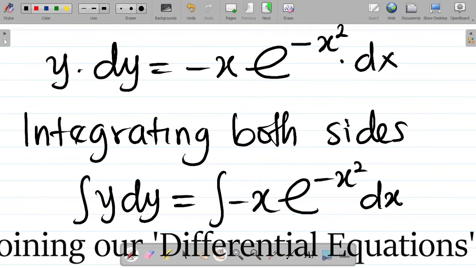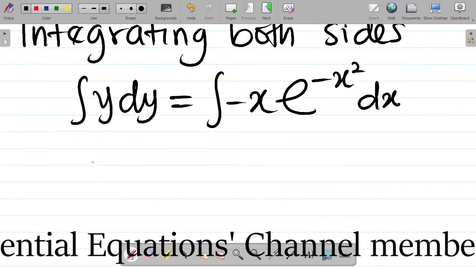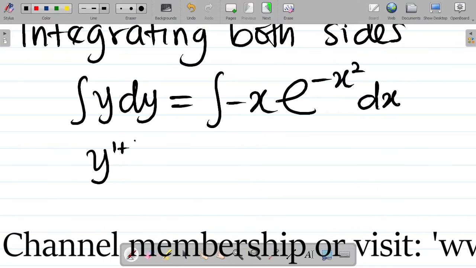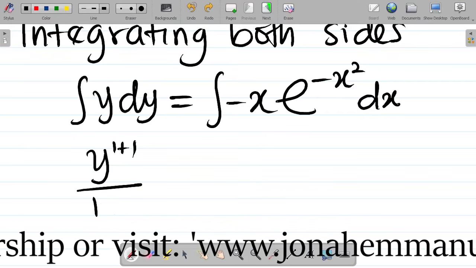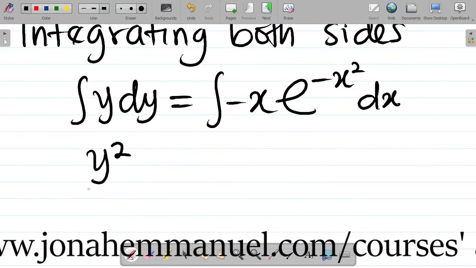Alright, let's integrate the term on the left hand side. If I integrate y, I will use the general method: the power there is 1, I will add 1, all over 1 plus 1. Which is y squared all over 2.